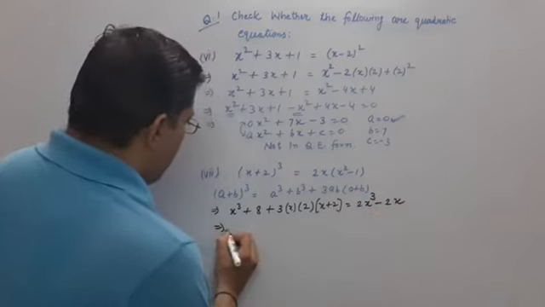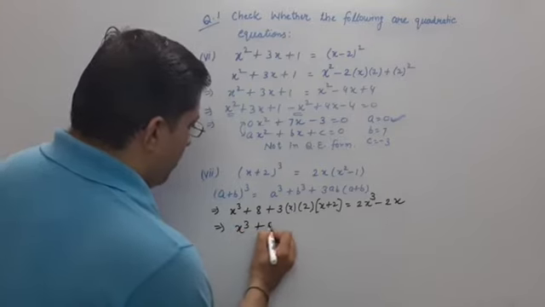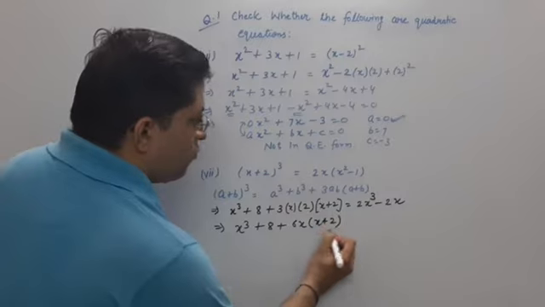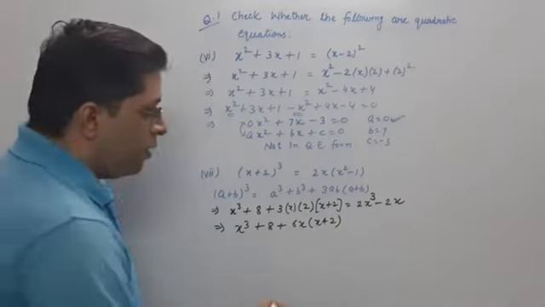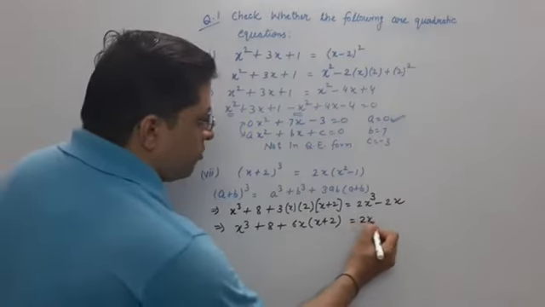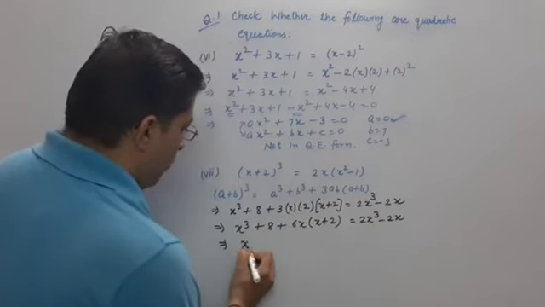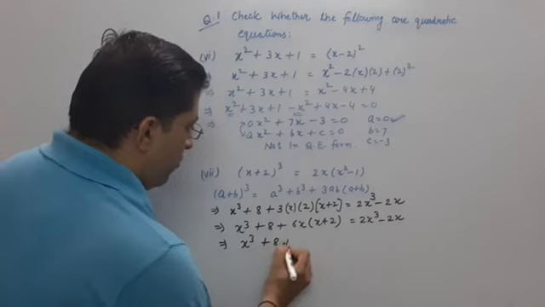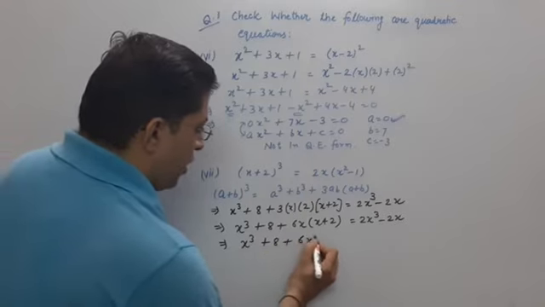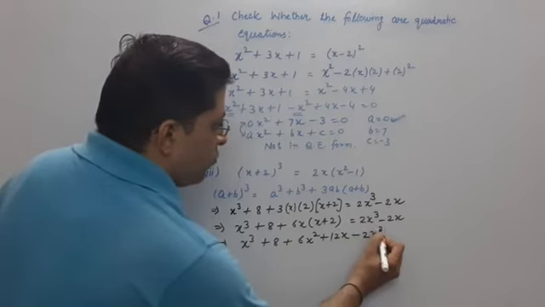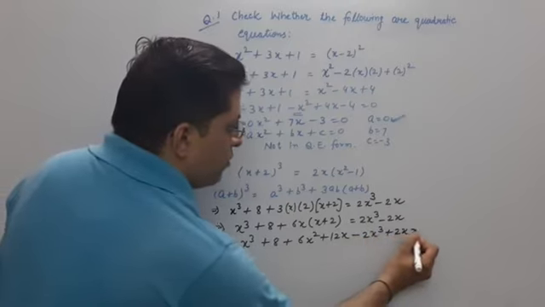Okay. Now come on, x cube plus 8 plus 6x into x plus 2, and here what is coming? 2x cube minus 2x. Okay, I am solving this. See, 8. What will come? 6x square. Here is 12x minus 2x cube plus 2x is equal to 0.